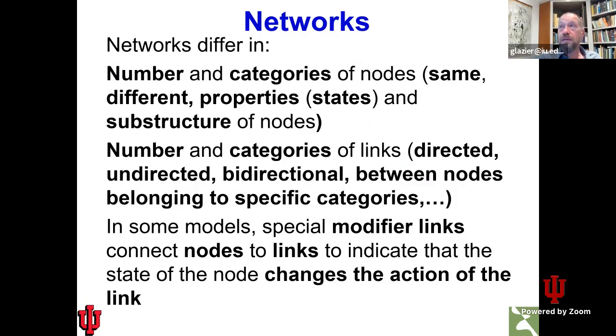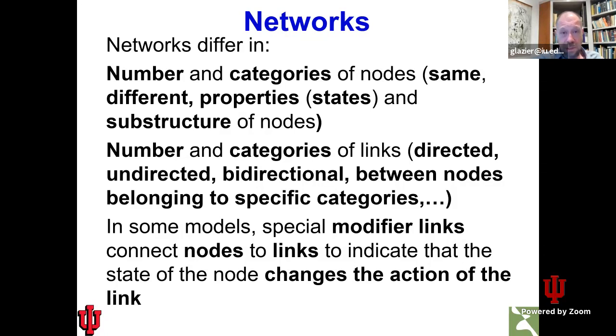So networks, again, we're going to have different numbers and categories of nodes. You could have a situation in which nodes are all of the same class. All of the nodes are people. All of the nodes are cells. All of the nodes are virus particles. Or you could have a situation in which different nodes represent different types of object. One class of nodes might represent people, another might represent cars.